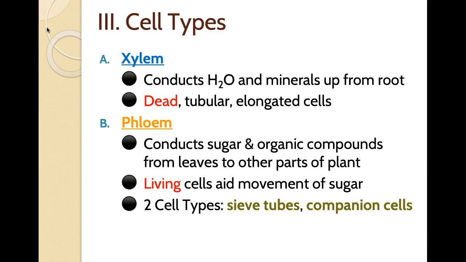Companion cells are attached to these sieve tubes by the plasmodesmata. That's how they're connected. Companion cells have all the parts of the cell, so they help the sieve tube survive and do all the functions it needs. But the sieve cells need that space to be able to move the sugar. So they have a relationship via the plasmodesmata.